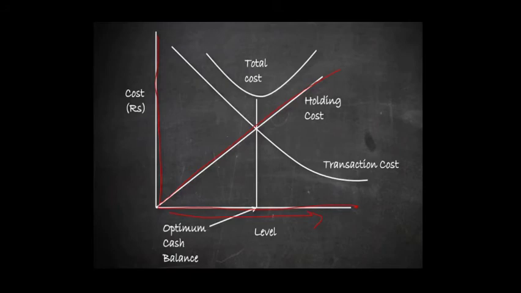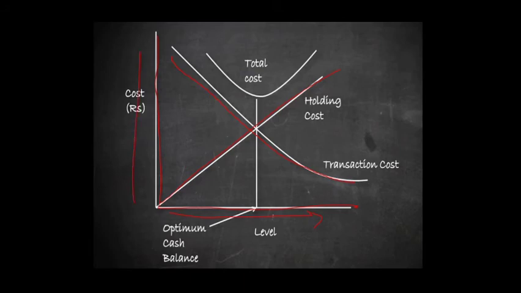Then you have something called transaction cost, which keeps on decreasing when the level of cash goes up.